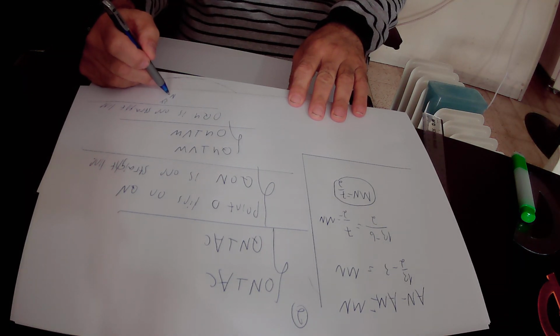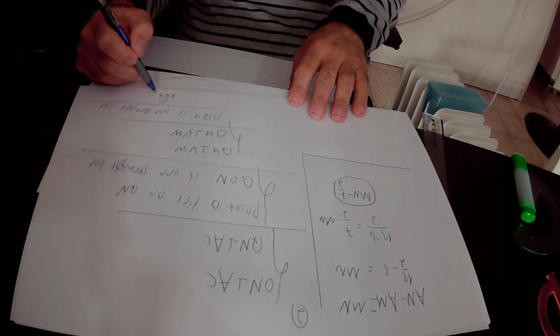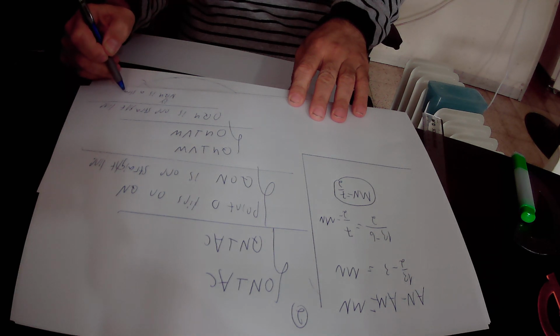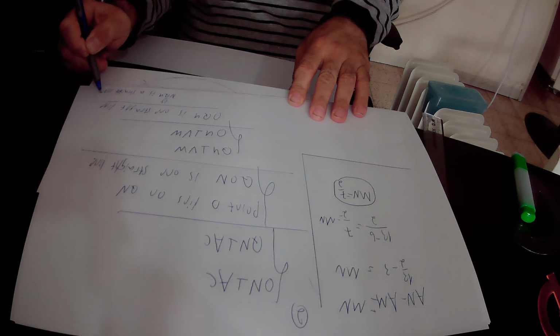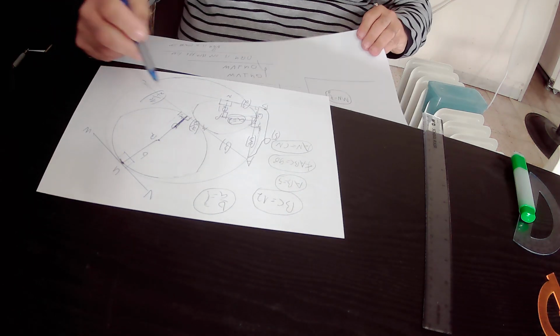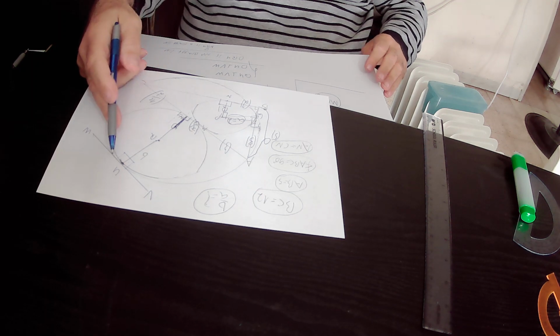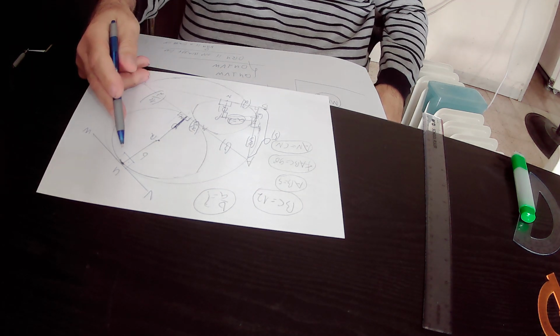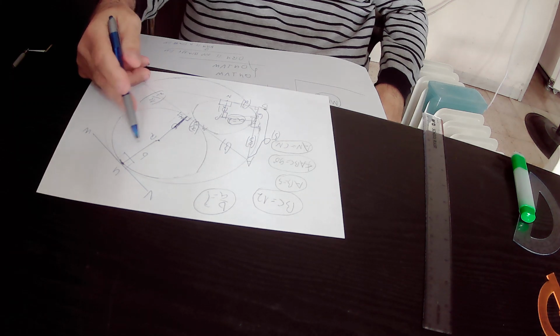And QU is a straight line. And if NQU is a straight line, it means that NU is also a straight line.